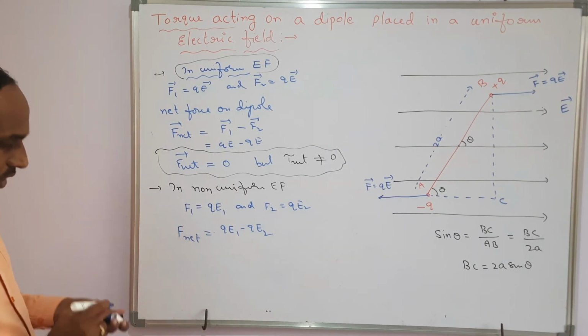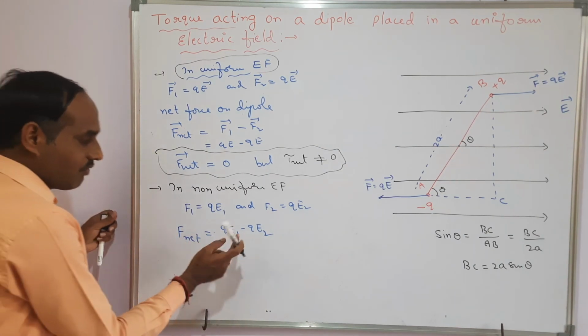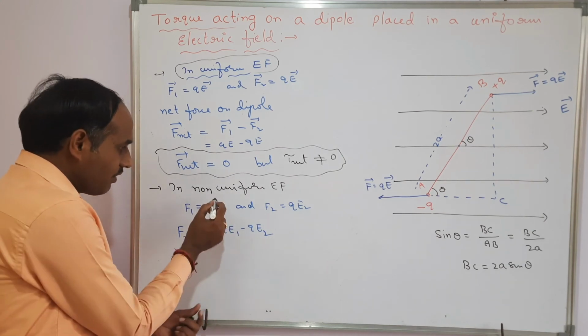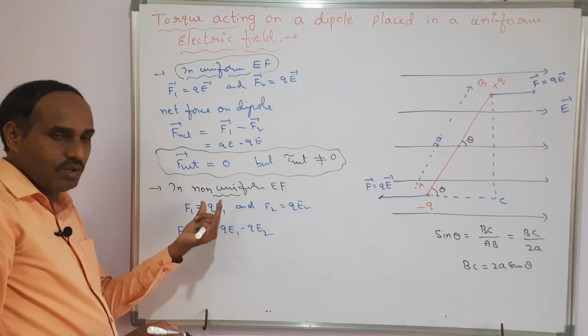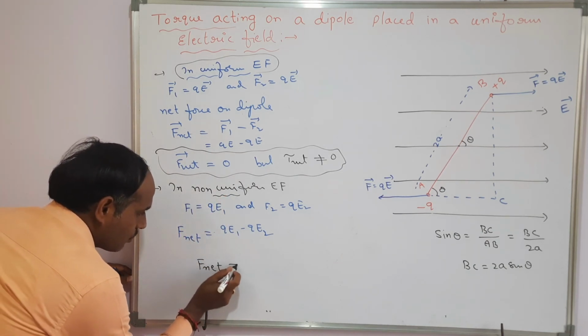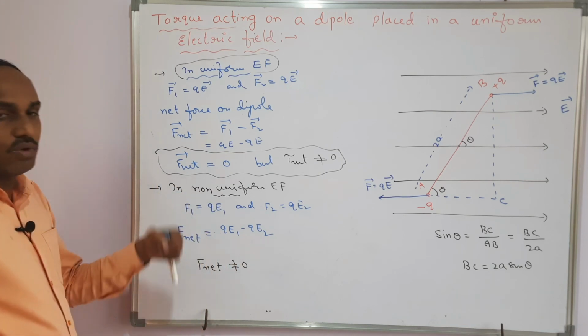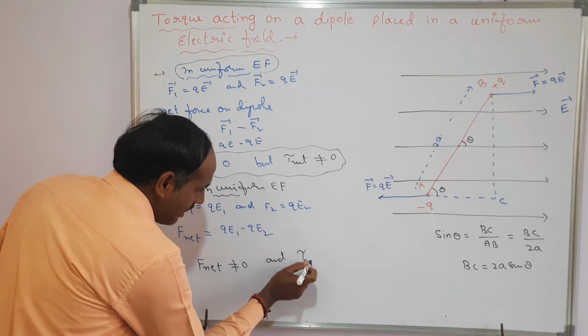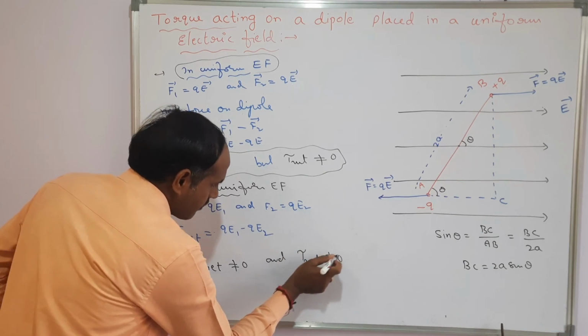Does it equal 0 here? No. Why? Because when the field strengths are not the same, of course the magnitudes of the charges are the same, but because of the difference in field strengths, as it is a non-uniform electric field, the net force is not equal to 0, as well as the net torque is also not equal to 0.